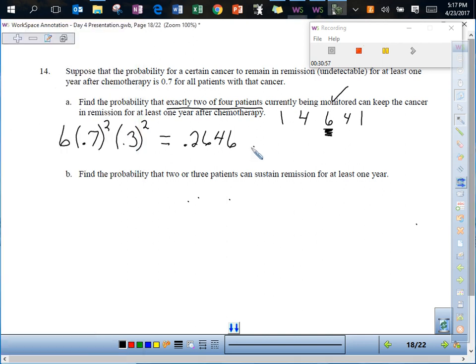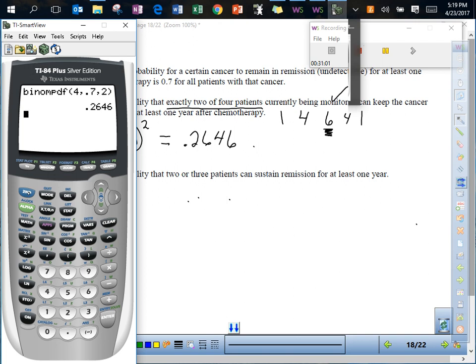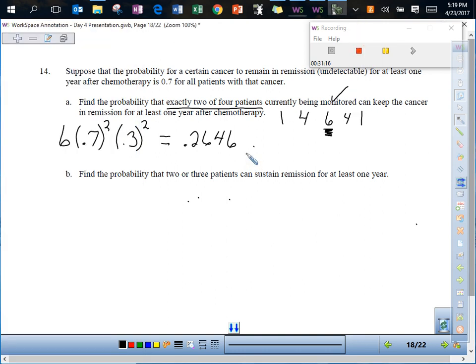So if you need to write those steps down, do that real fast. Remember, to get there you go 2nd VARS, and on this calculator it's an A. Make sure you write down whatever it is on your calculator. So it's going to look like this, binomial distribution.